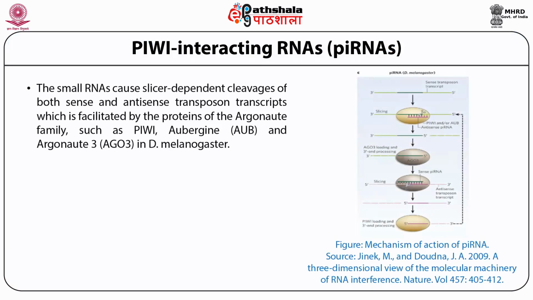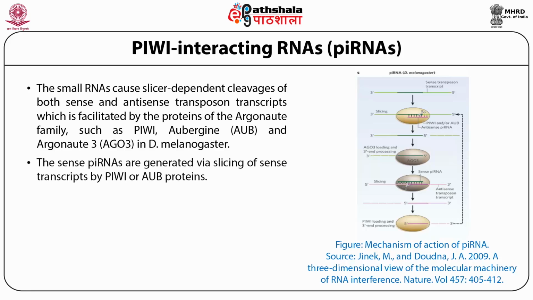The small RNAs cause slicer-dependent cleavages of both the sense and the antisense transposon transcripts, which is facilitated by the proteins of the argonaute family such as PIWI, Aubergine known as AUB, and Argonaute 3 known as AGO3 in Drosophila melanogaster. The sense piRNAs are generated via slicing of sense transcripts by PIWI or AUB proteins.